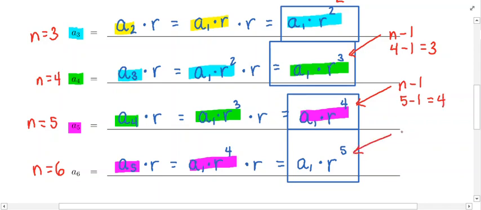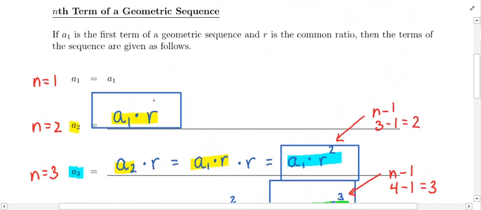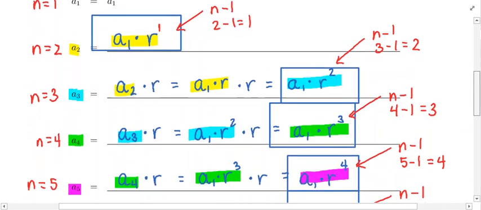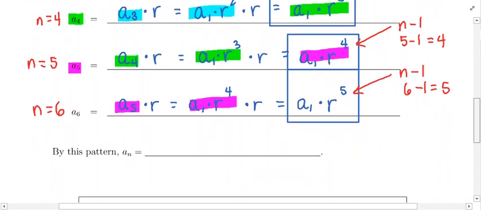For n equals 6, the sixth term, the power on R is n minus 1, 6 minus 1, which is 5. It holds for these other two. Don't worry, the power on R here is 1. If your n value is 2, if you're on the second term, that's 2 minus 1, or 1. It works. So this is the pattern we're seeing.